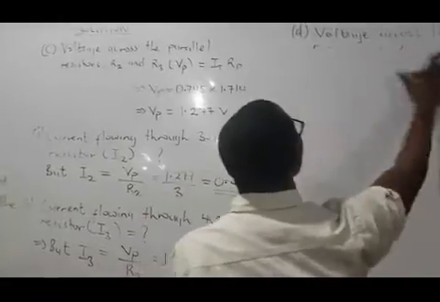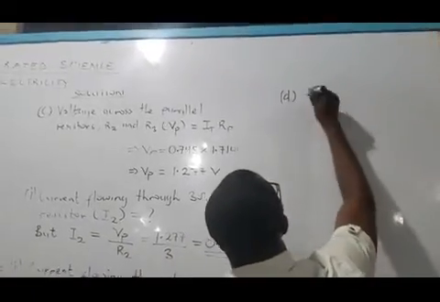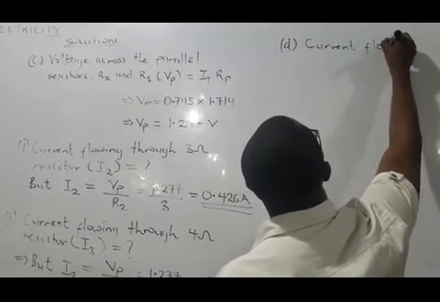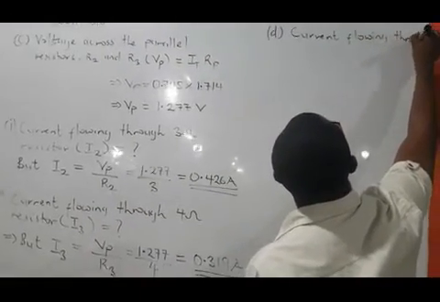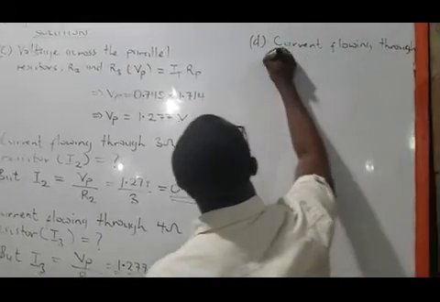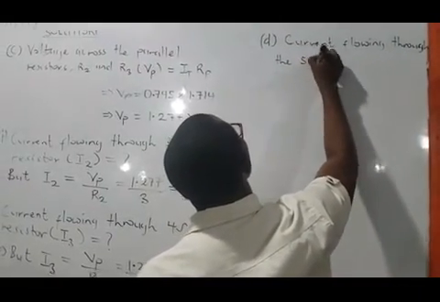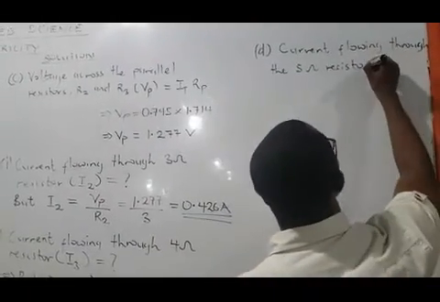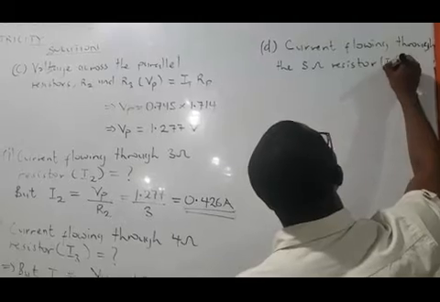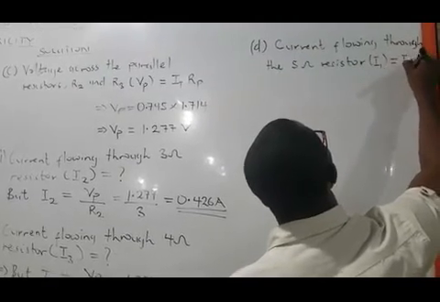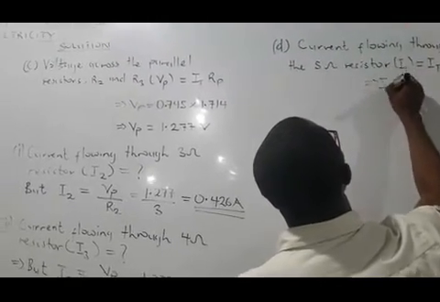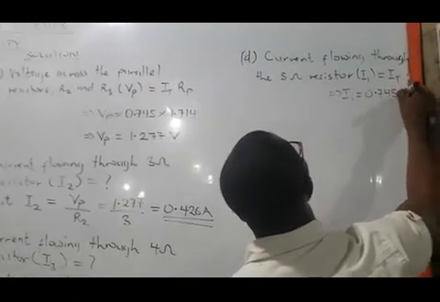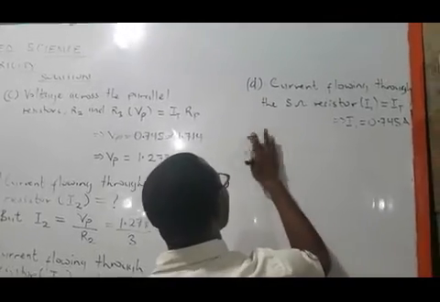So first of all, let me indicate the current flowing through the 5 ohm resistor, I1, that is equal to IT. So your I1 will also be 0.745 amperes.